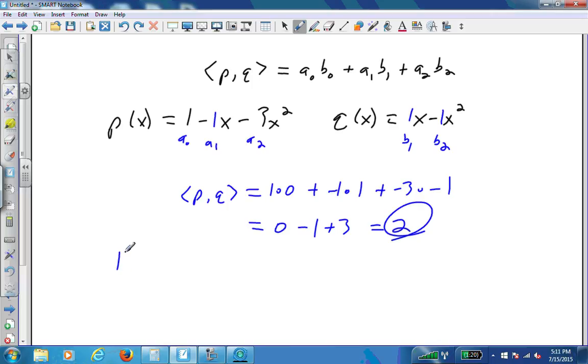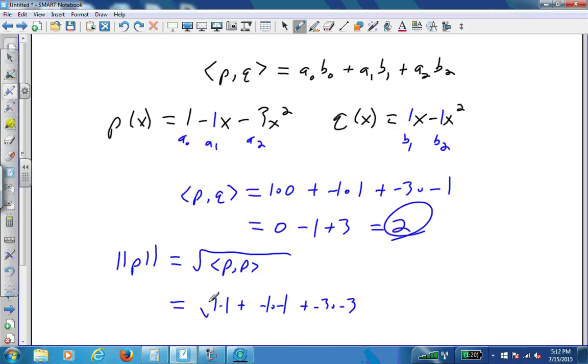If we wanted the norm of p, it would be the square root of the inner product of p with p. So 1 times 1 plus negative 1 times negative 1 plus negative 3 times negative 3, and then the square root of that. So the square root of 1 plus 1 plus 9, or the square root of 11.